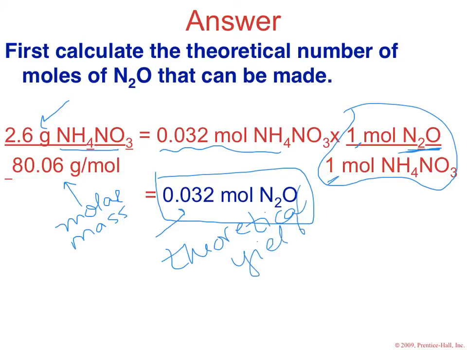Okay. They want to know the volume, however. Since it's a gas, often chemists want to know the volume of the product instead of moles or grams, because that's the easiest way to measure how much gas you have. And so there's more to this, but if this were a free response question, you would probably get half credit just making it this far.